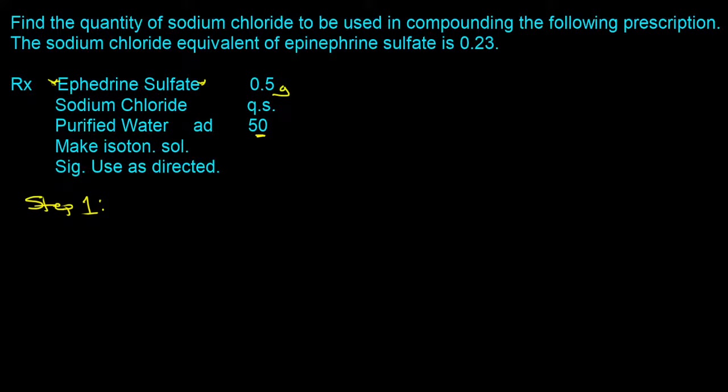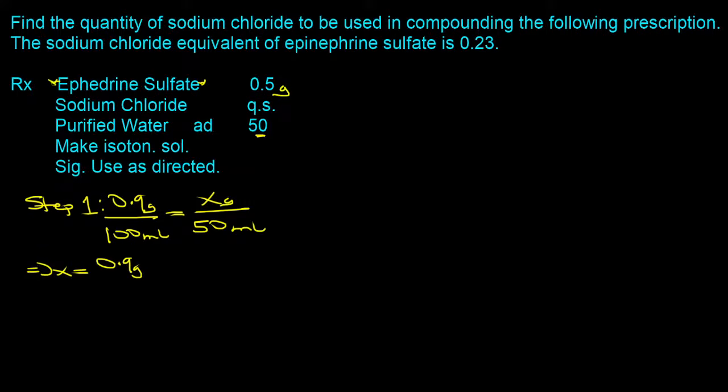So what we'll do is we'll take the idea that 0.9 grams in 100 milliliters is isotonic. That's based on normal saline 0.9% solution being isotonic. Then we'll solve for the quantity in grams that will make 50 milliliters isotonic. We can solve for X. X is going to be equal to 0.9 grams times 50 milliliters divided by 100 milliliters.